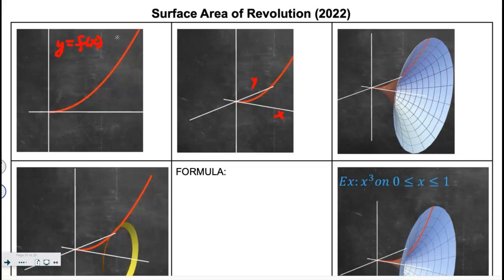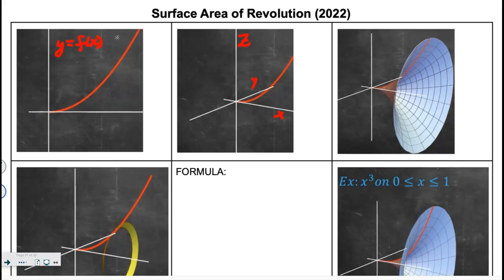In Calc 3, you work a lot 3-dimensionally with x, y, z axis. You still are just going to be sketching yours on the x, y, and it's going to look like this. But technically, x is on the ground, y is on the ground, and z is the depth of it. So this is me dropping it down on the floor digitally, and then allowing you to see some depth with the z-axis.